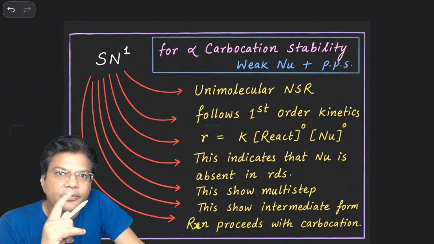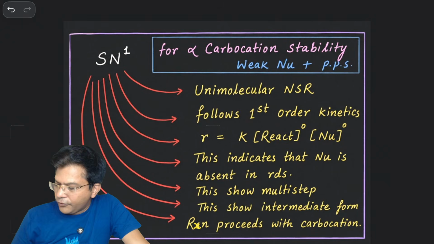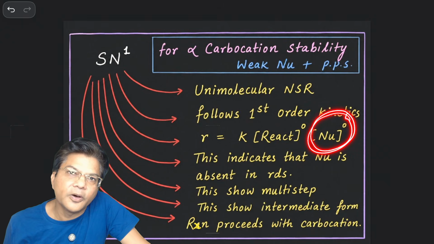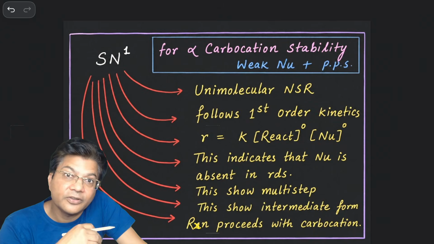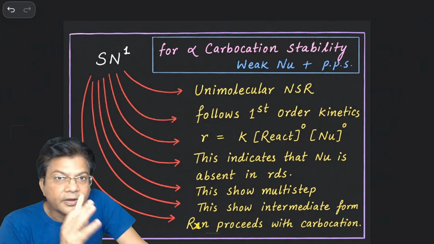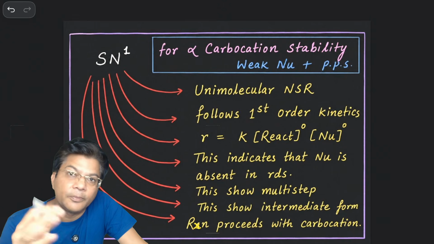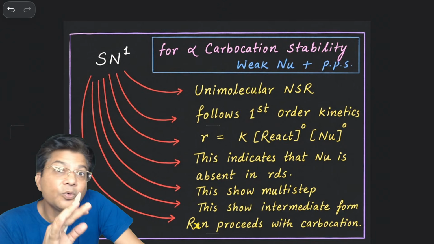That means in the rate determining step, the nucleophile is not involved. How is it possible? That means the reaction is taking place in more than one step; only then, in the rate determining step, one is involved and the nucleophile is not, and the nucleophile must be involved in some other step. That means this reaction will take place in more than one step.